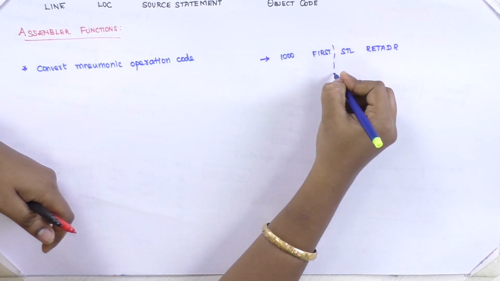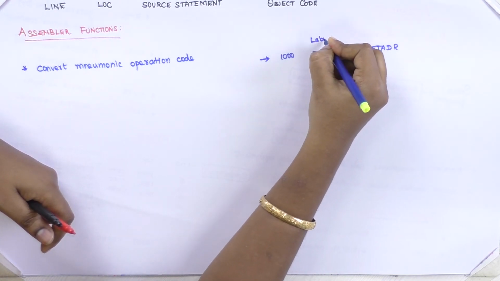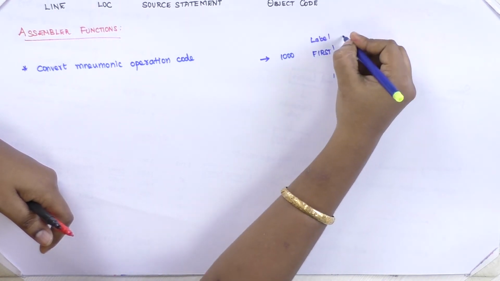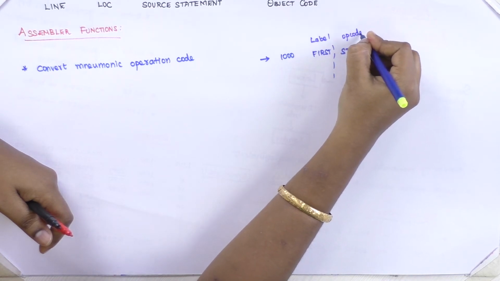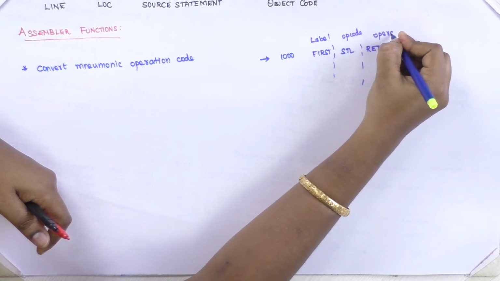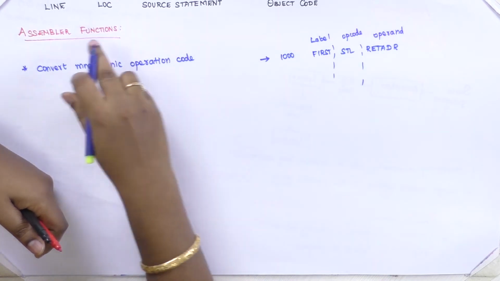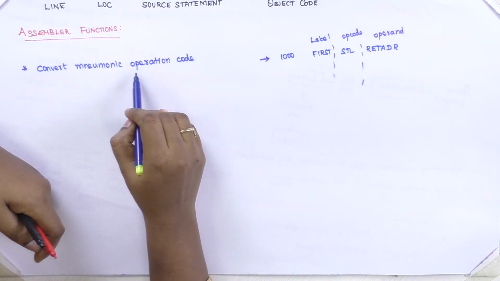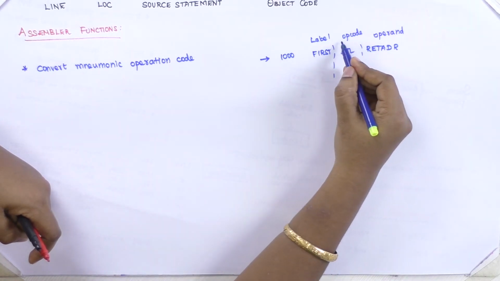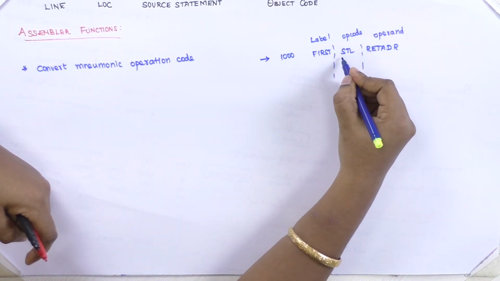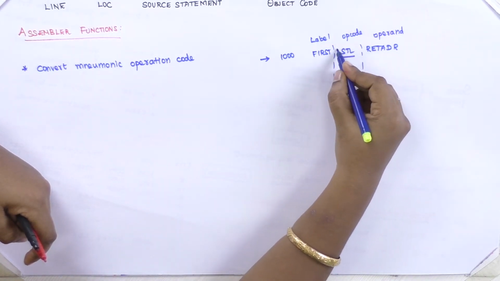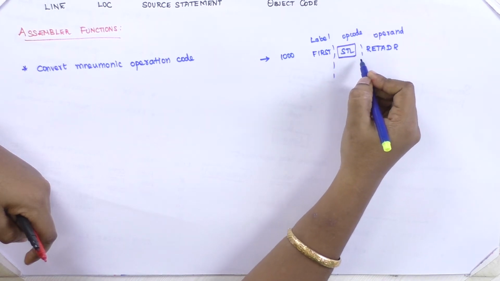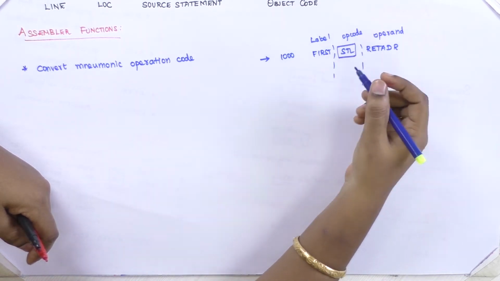I already told you this is our label part, this is our opcode part, and this is the operand part. While converting the source program to object code, it will first convert the mnemonic operation codes. Operation codes are nothing but the opcodes. So this STL is an opcode, and this will be converted to its machine language equivalent.